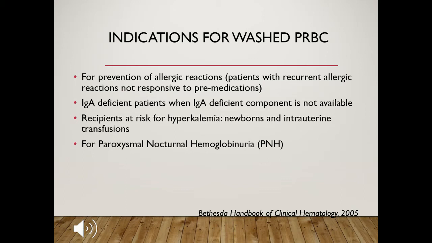Mas mura din siya than leukocyte filter. It is used to prevent allergic reaction, especially in IgA deficient patients or recipients at risk of hyperkalemia, newborn and intrauterine transfusions, and it's also used in transfusion for patients with paroxysmal nocturnal hemoglobinuria or PNH.